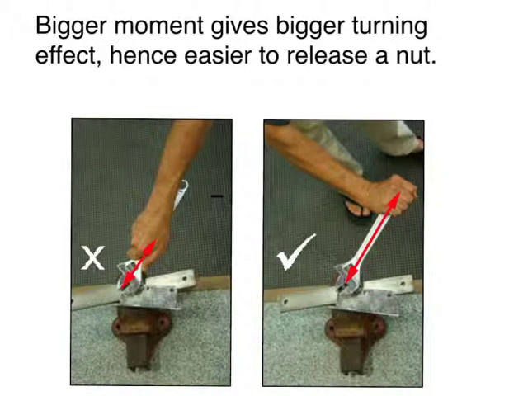Of course you can, but at the expense of applying a big force if you have enough muscle. However, for the case on the right, because of the bigger perpendicular distance, a big moment is possible and hence a bigger turning effect. You can release the nut easily and even with a smaller force.